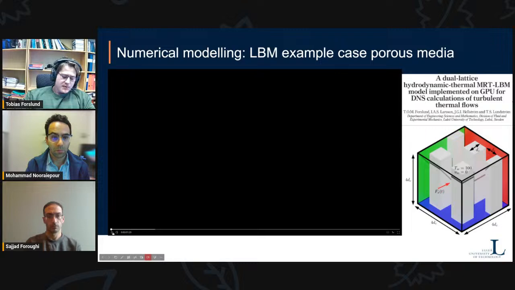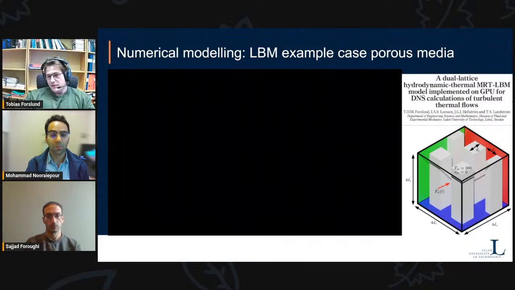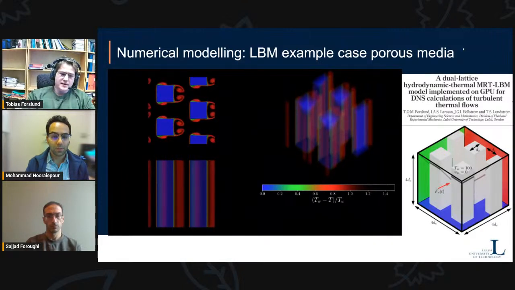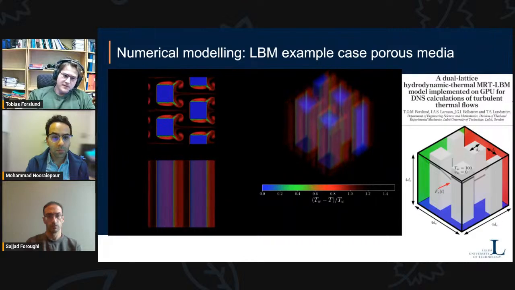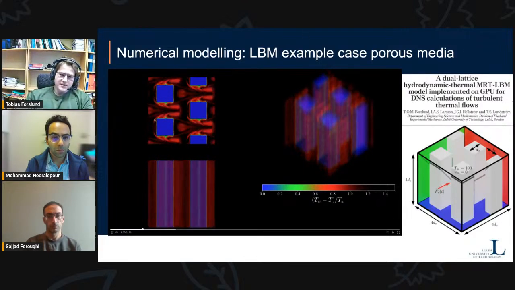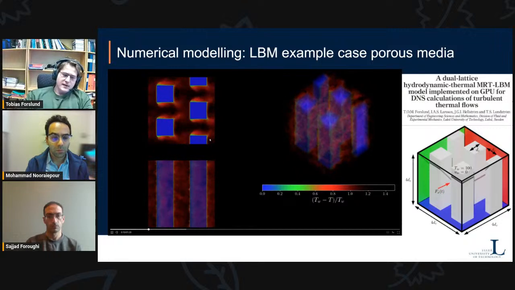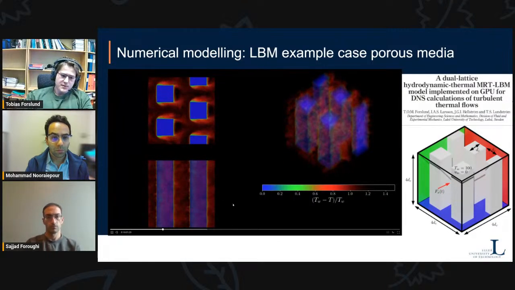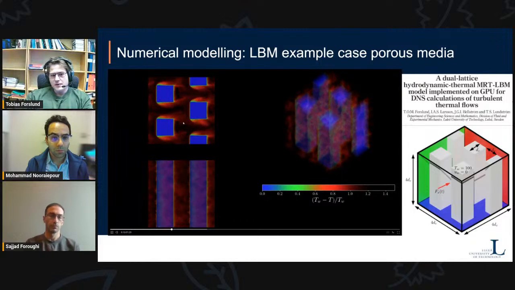So here you can see an example of an implementation of a dual lattice hydrodynamic thermal LBM model, and how it looks when you're running it for a porous media. This is a more highly resolved simulation with a thermal component. What we're looking at here is the thermal field, and you can see that we are getting really high resolution. We can see all the vortices within the flow quite clearly.